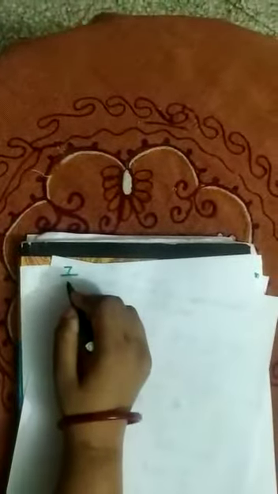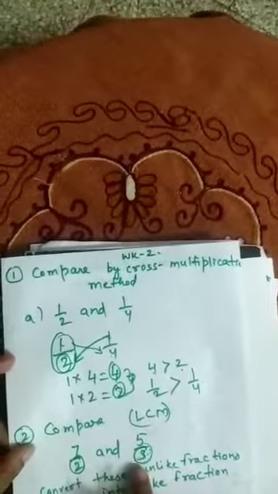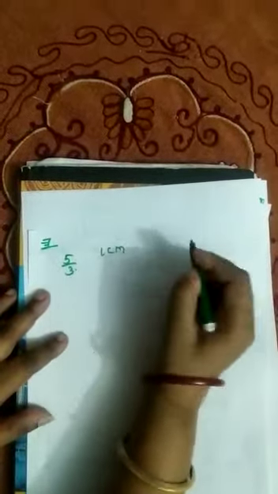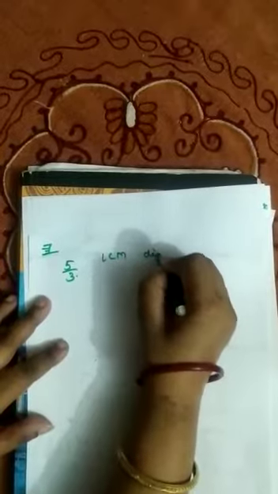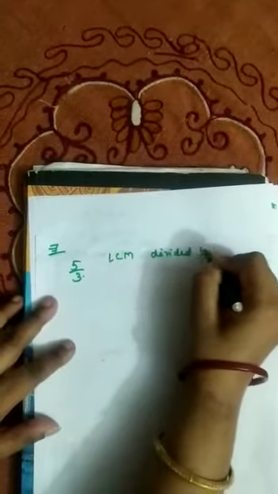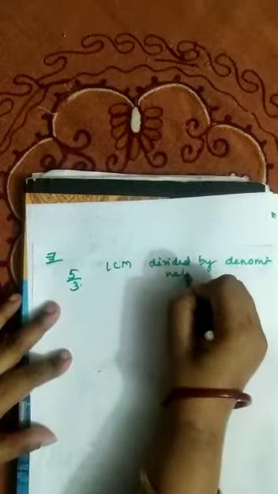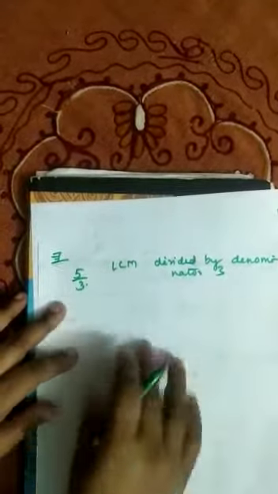Now another number is 5 by 3, right? So we will divide the LCM by the denominator 3. What is the LCM?